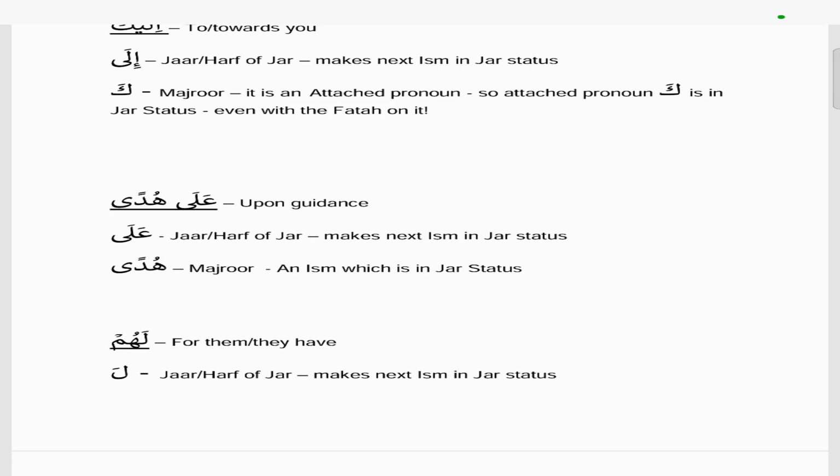Whereas in this case, when we see the ala before it, ala hudan, which means upon guidance, the ala is a harf of jar, and it makes the next ism in the jar status. So therefore, the hudan in this fragment is the majroor, and is therefore in the jar status.